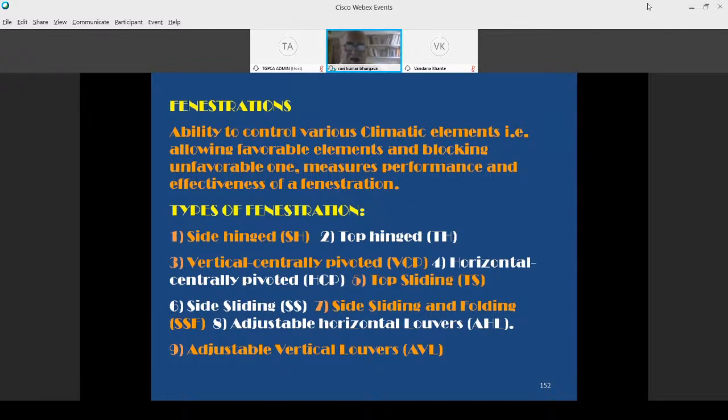As far as openings are concerned, if I ask you a simple question, which type of opening should be considered as most suitable or best, or which type of opening should be preferred most?